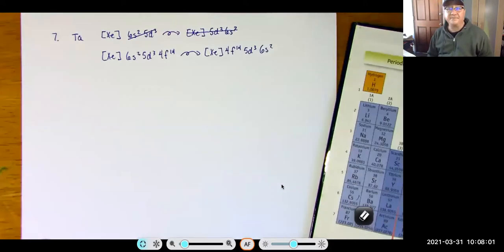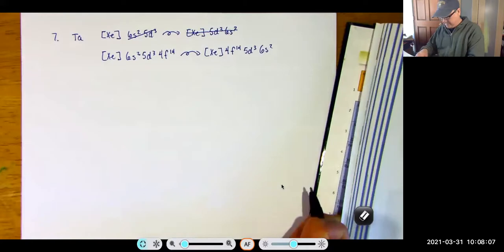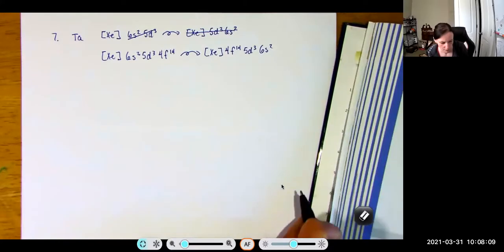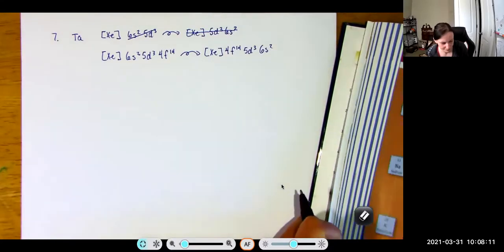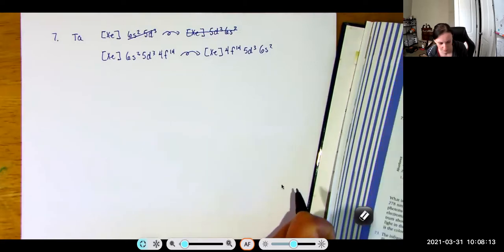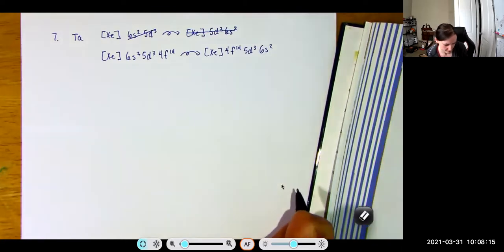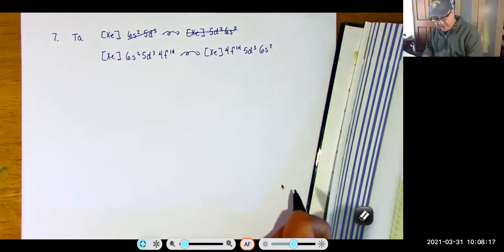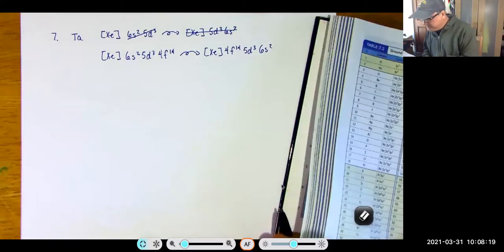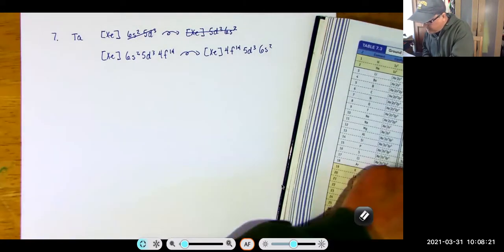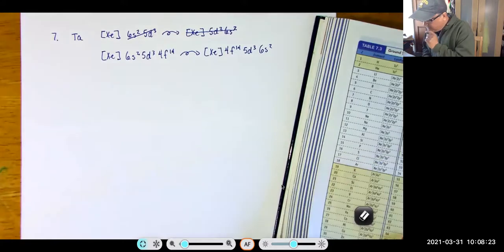Is that what you got? Yeah. Okay, now what page should I say those were on? Like 308 or something? I don't know. So tantalum. That's right.